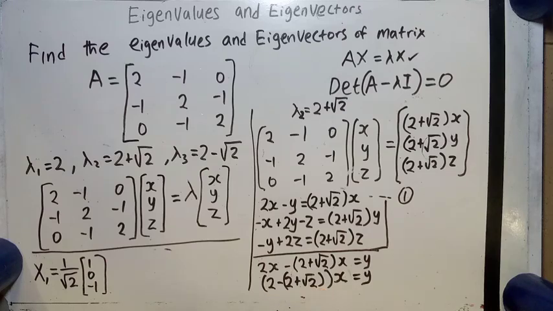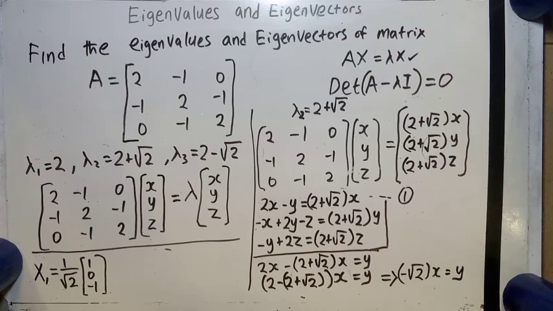Now type in this. You have 2 minus bracket open 2 plus root 2 bracket close. So our answer from here is minus root 2 of x is equal to y.